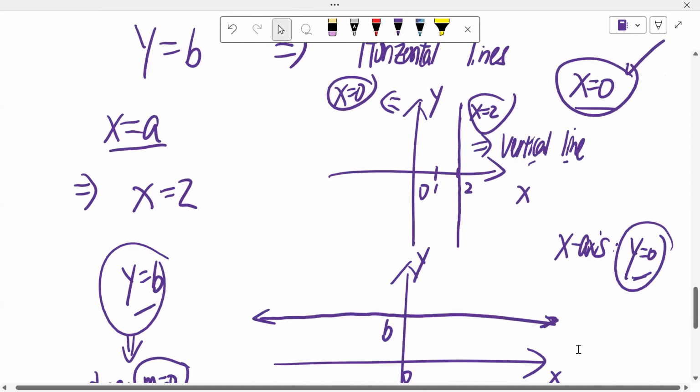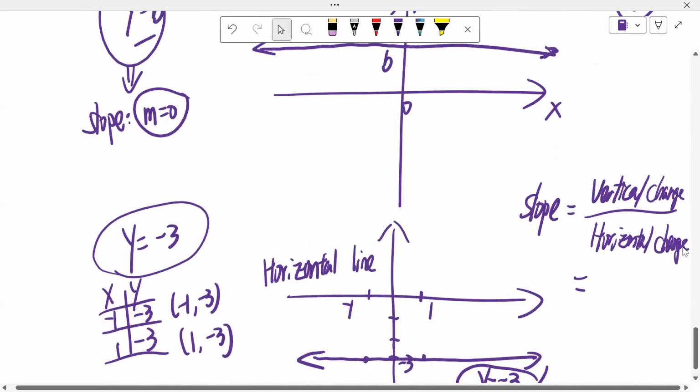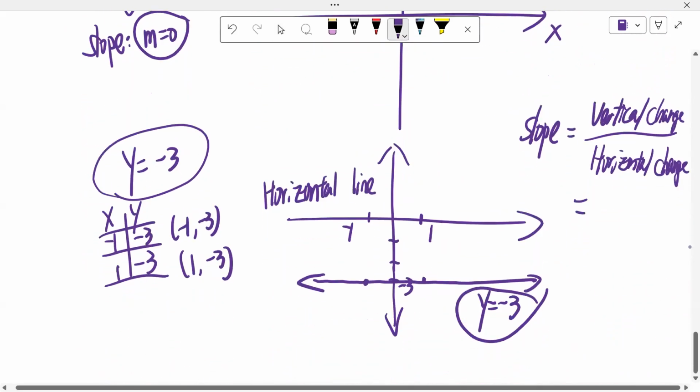And yeah, because there's no vertical change, right? Meaning there's no vertical change means delta y over delta x, and delta y is calculated using y2 minus y1, and delta x is x2 minus x1. Let's say this is x1, y1, and x2, y2.